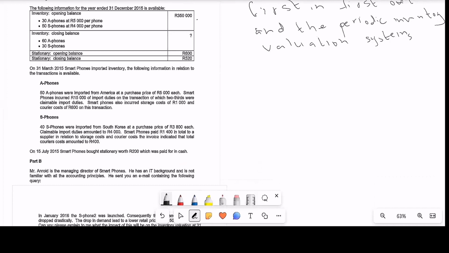Here they want us to calculate the balance of inventory. So I'm going to write here, question 1.1, inventory.